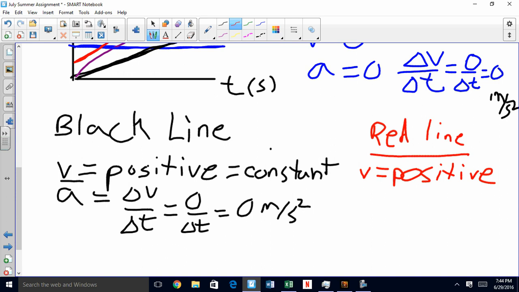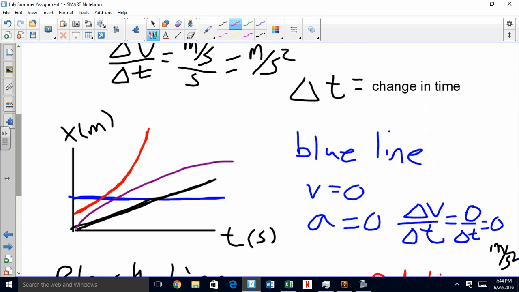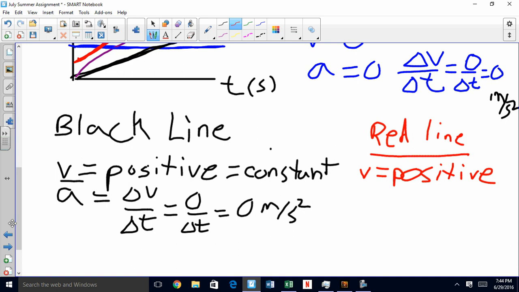This is almost like a parabola. This is when we're going up faster, we're going away faster. And because of that, my velocity is actually increasing. If my velocity is increasing, that tells me my acceleration.